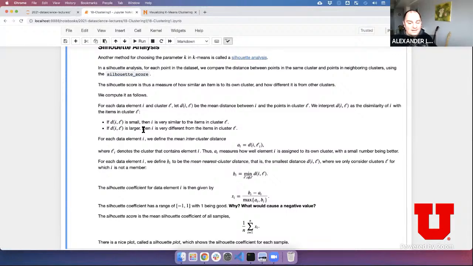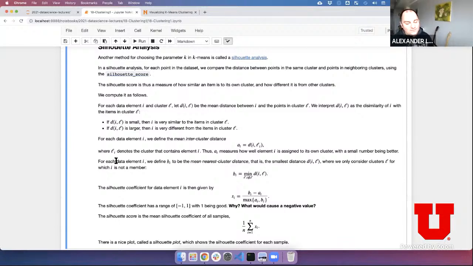If it is large, then i is very different from the items in the cluster. And for each data element i, we define the mean intra-cluster distance a(i) as the distance between i and L_i, where L_i denotes the cluster that contains the element i. So a(i) measures how well an element i is assigned to its own cluster. Here, a small number is better.